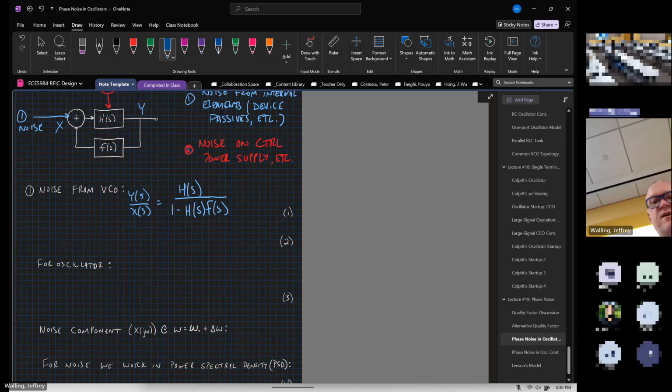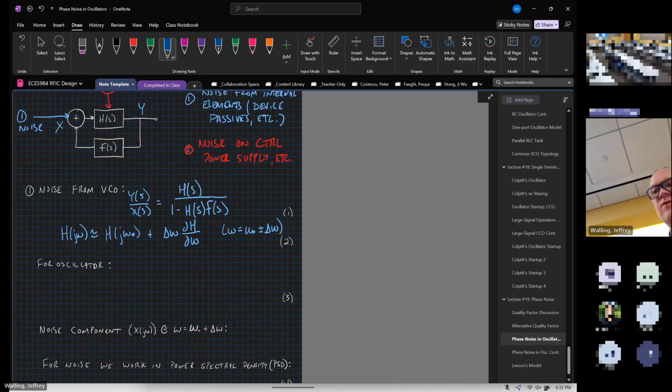And we can ultimately say that h of j omega is approximately equal to h of j omega naught, so something right around the resonant frequency, plus some delta omega times dh by d omega. Really here we're saying this is where omega is deviating away from the resonant frequency by plus or minus some delta omega.